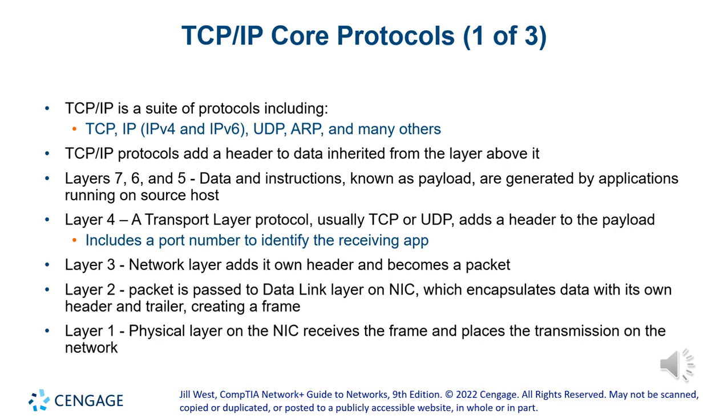Layer 4, layer 3, and layer 2 all do encapsulation. And that header has all the information of what is in there and how to handle it. And each one has unique information. So we'll get more into those TCP/IP protocols for UDP, TCP, ARP, and all the rest.